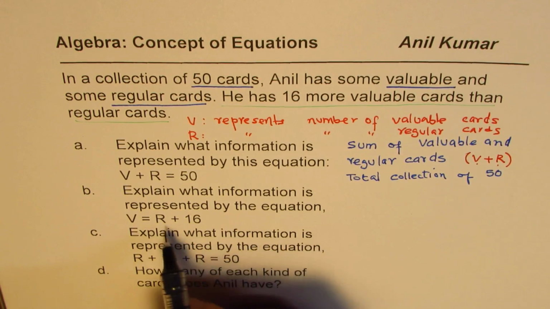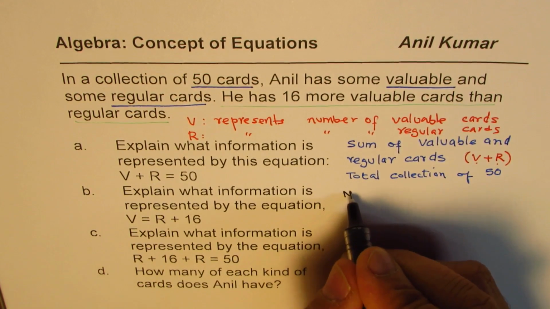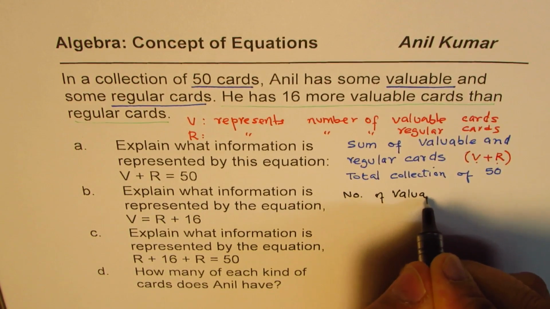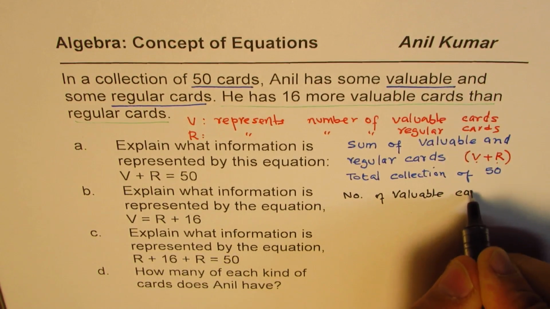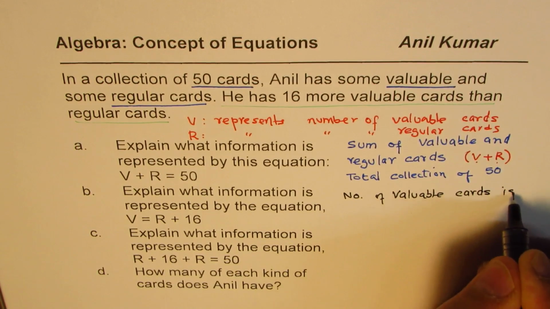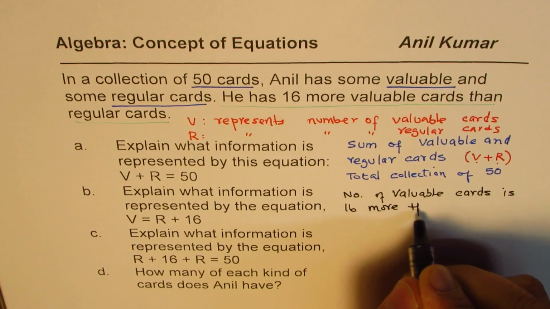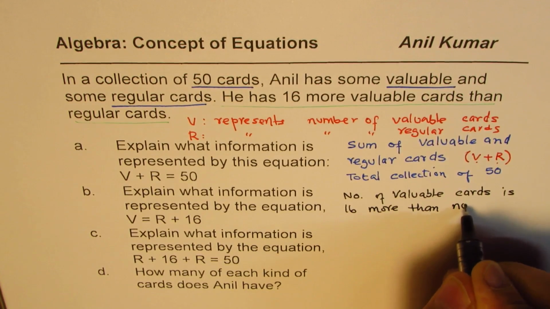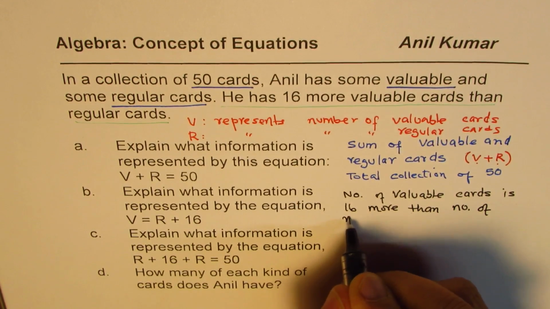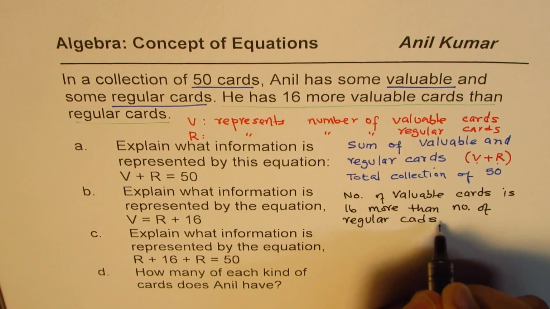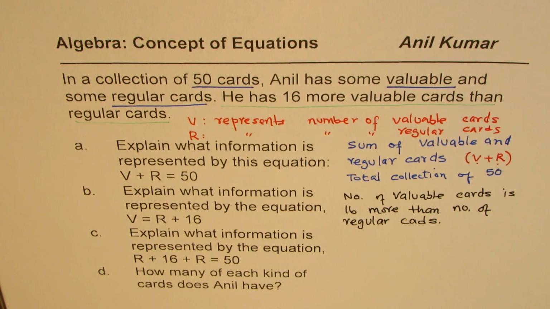So this represents that the number of valuable cards is 16 more than the number of regular cards. Correct? So that is how we can explain it.